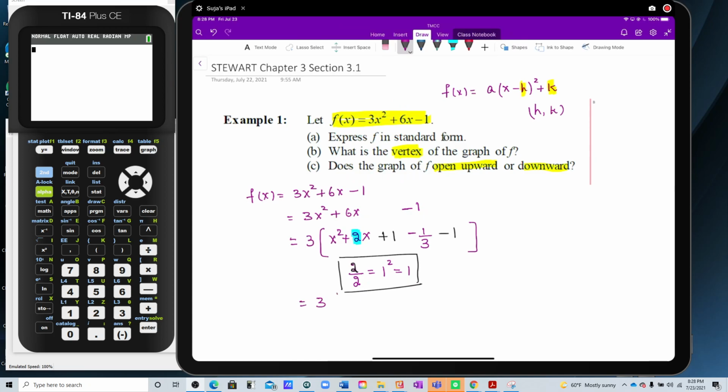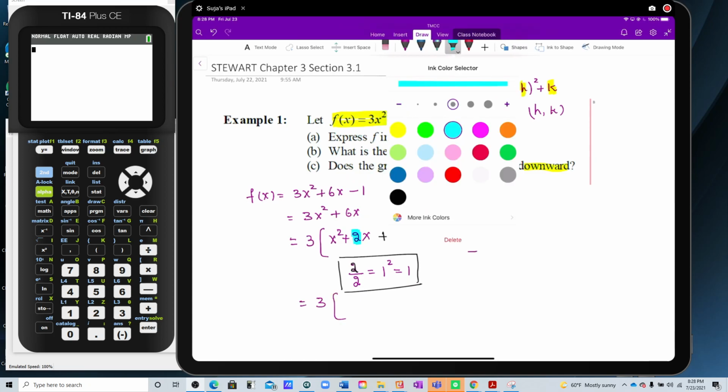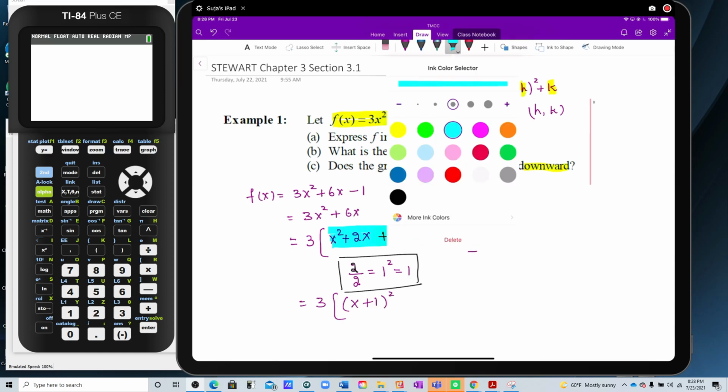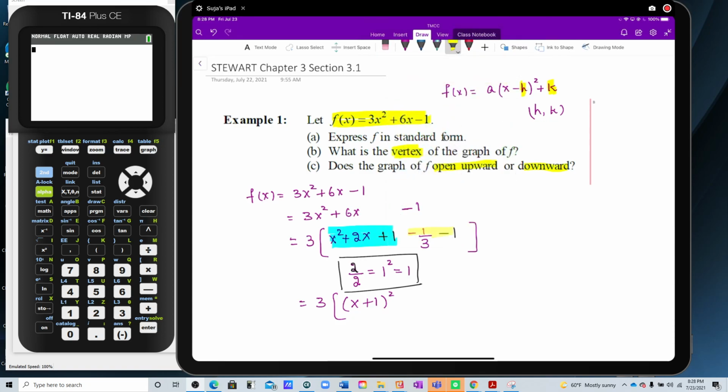Now since I did this perfect square, whatever is in here, this piece, x squared plus 2x plus 1, can be written as (x plus 1) the whole squared, right? Now if I combine these two, using another color, negative 1 minus 3 would become negative 4 over 3.